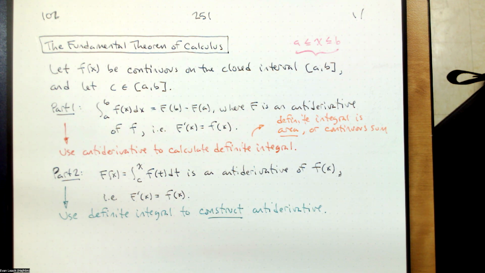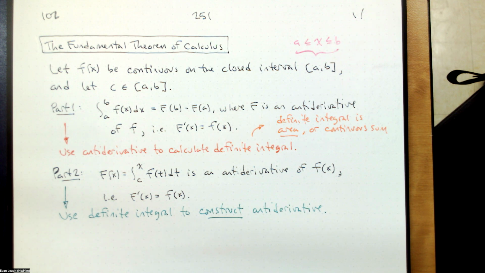The reason that this matters is that finding an antiderivative is not always a nice process. All we have right now is x to the n plus 1 over n plus 1. So we're like, oh yeah, finding antiderivatives is easy for now.